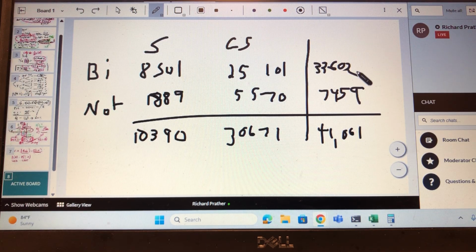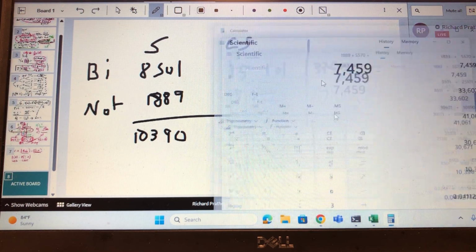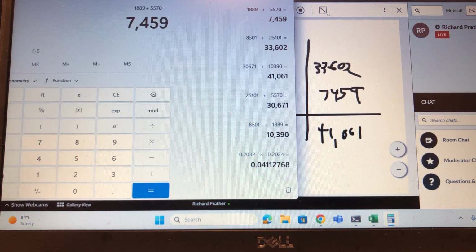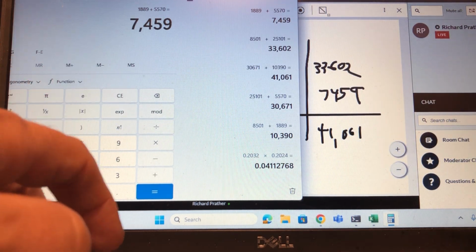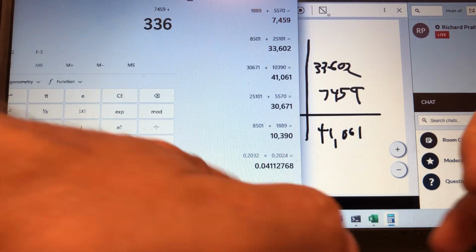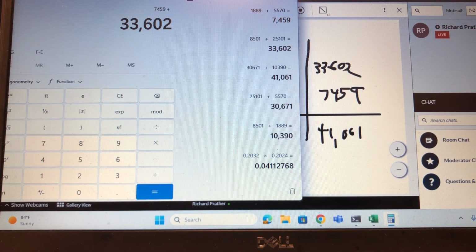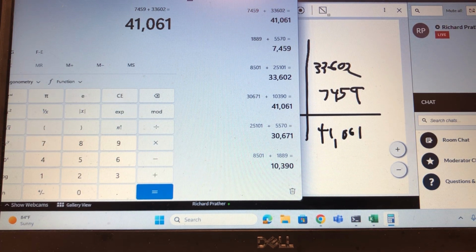So double check that these two add up to the same grand total, because if they don't, then you have a slight typo or some major mistake maybe. 33602 plus the 7400. See, same grand total, 41061.